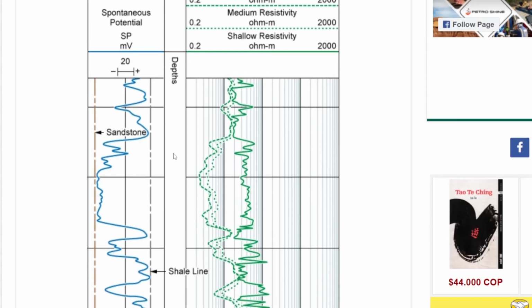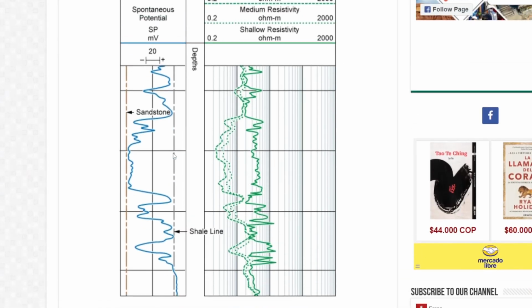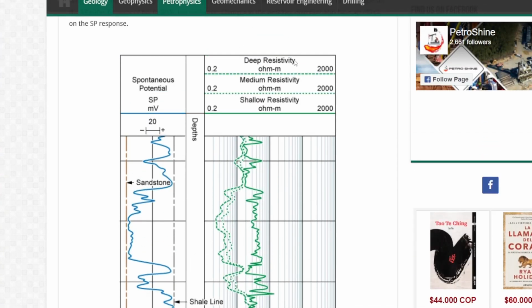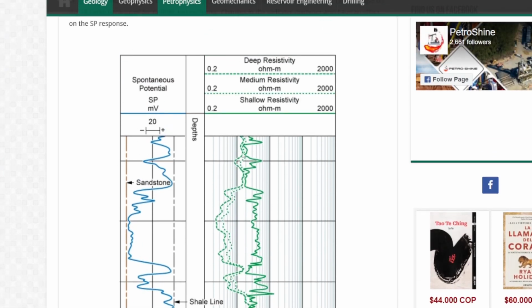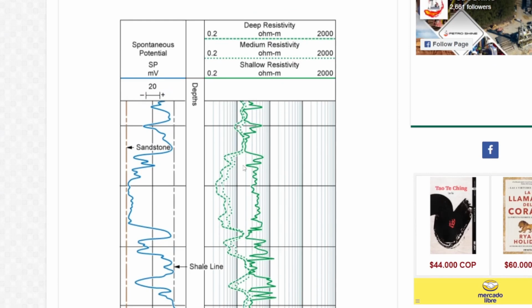And in this other example, we see the SP for our sandstone, for our shale. So there is a sandstone here. We have a couple, and actually these are resistivities. Oh wow, there's a lot of difference between the deep resistivity of the virgin zone and the invaded zone.